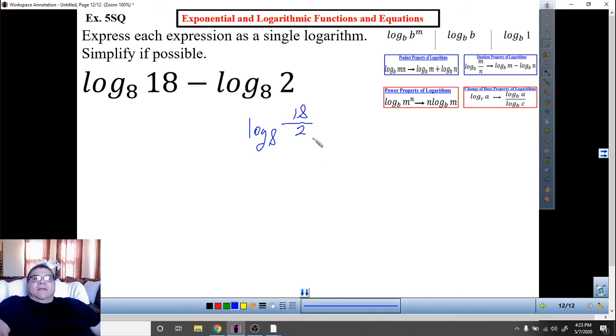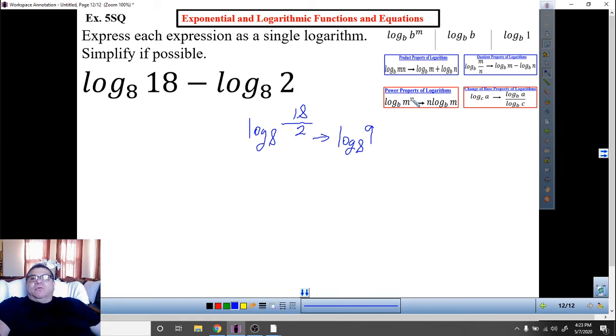Okay, next. Log base 8. What is 18 divided by 2? 9. Okay, question. Is the given number the same as the base? No. Can we write 9 as base 8? No. So if they are totally different, which one of those can I continue with?